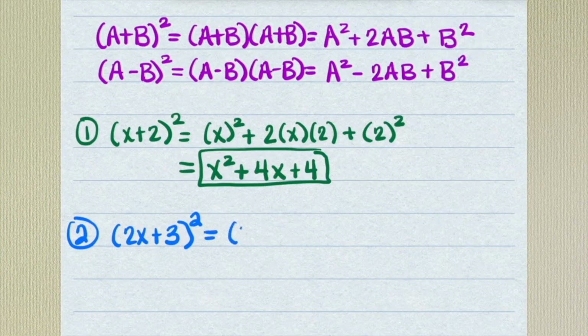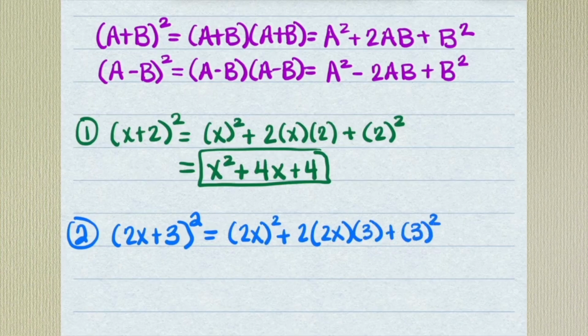So this is going to be (2x) squared plus 2 times 2x times 3 plus 3 squared. So (2x) squared: 2 times 2 is 4, x times x is x squared. So that's going to be 4x squared plus 2 times 2x times 3. 2 times 3 is 6.